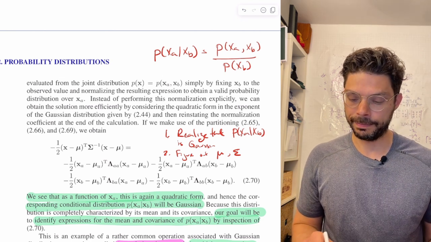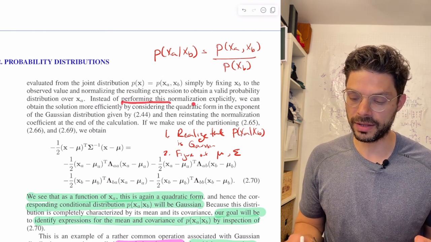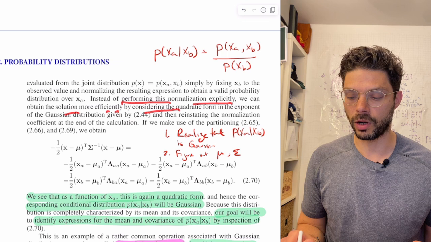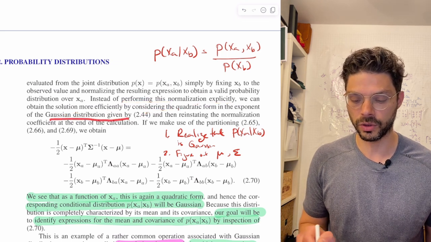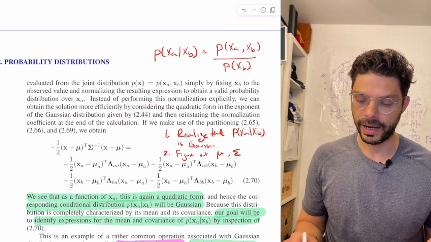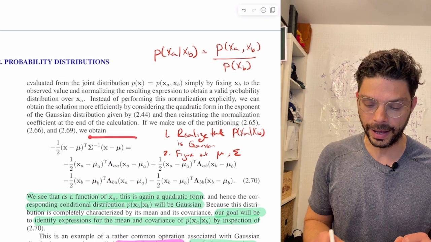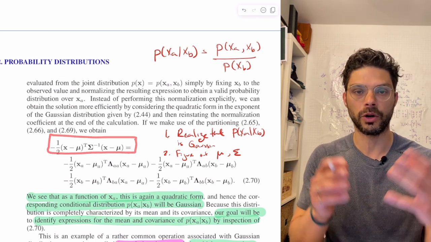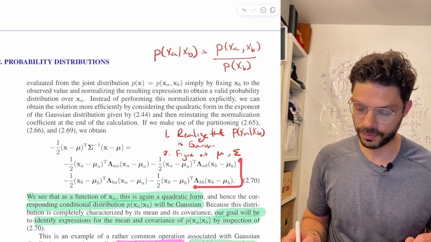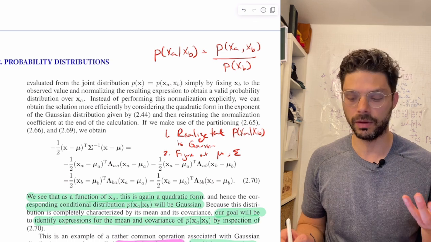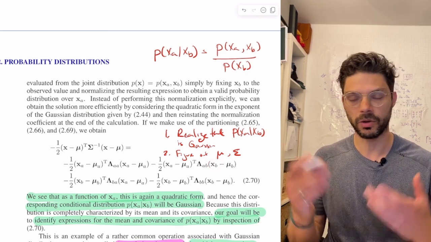Instead of performing this normalization explicitly, we can obtain the solution more efficiently by considering the quadratic form in the exponent of the Gaussian distribution given by 2.44, and then reinstating the normalization coefficient at the end of the calculation. So essentially, let's look at what's going on in our joint distribution. It has this form. Now x_b is given to us, so x_b is going to be some number, or some vector.